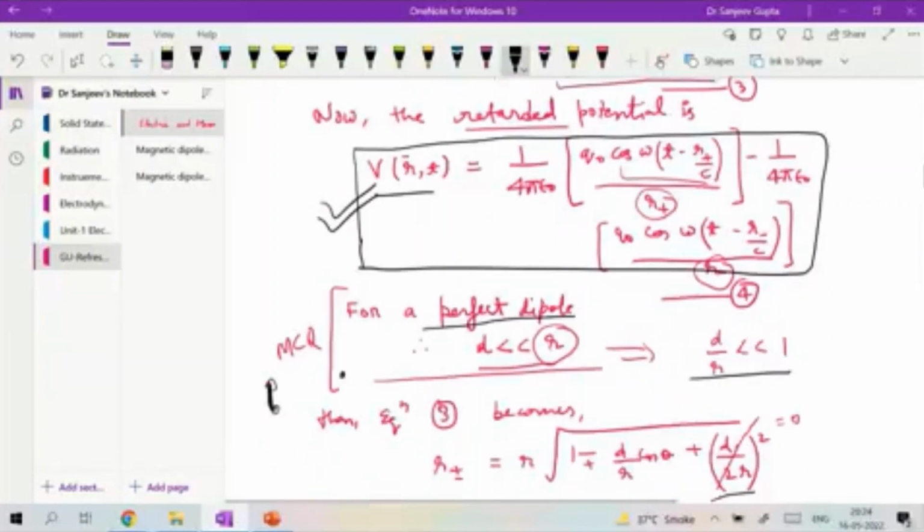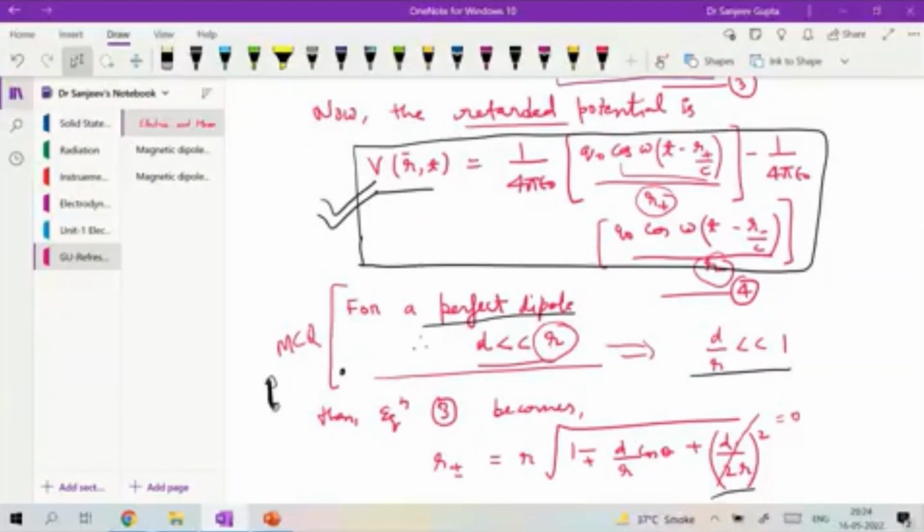But we know that for a perfect dipole, I have put it down in last, you will be asked some MCQ question. You can see here for a perfect dipole we have a condition: d should be less than r.